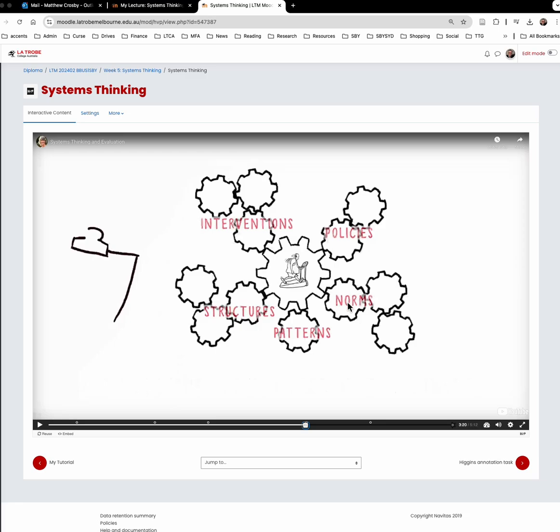And as a result of the cultures, the behaviours of society, societies develop policies, and governments implement those policies, and police officers enforce those policies, and corporations implement policies.